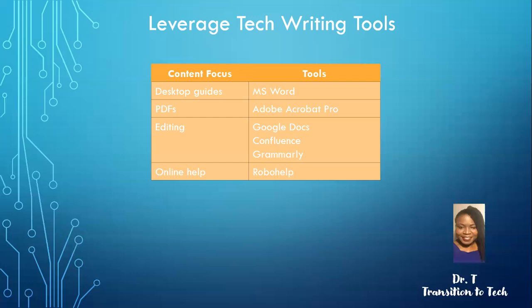And then if you were creating any online help for software, RoboHelp is fairly frequently used. It's been around a while. It's a great tool to help with that help feature. Okay, so these are just a few of many tools that are available out there to begin to start understanding the functionality and why it's best used for the different content focus.